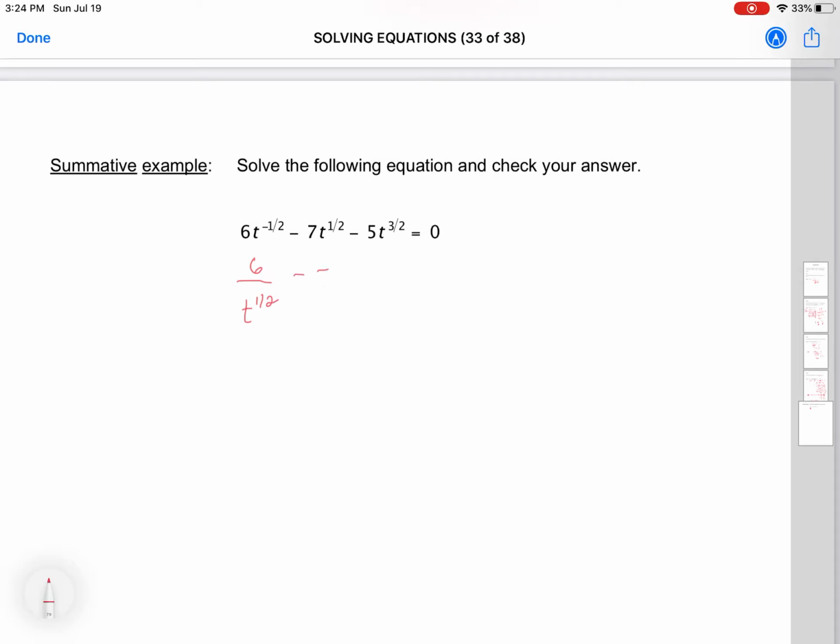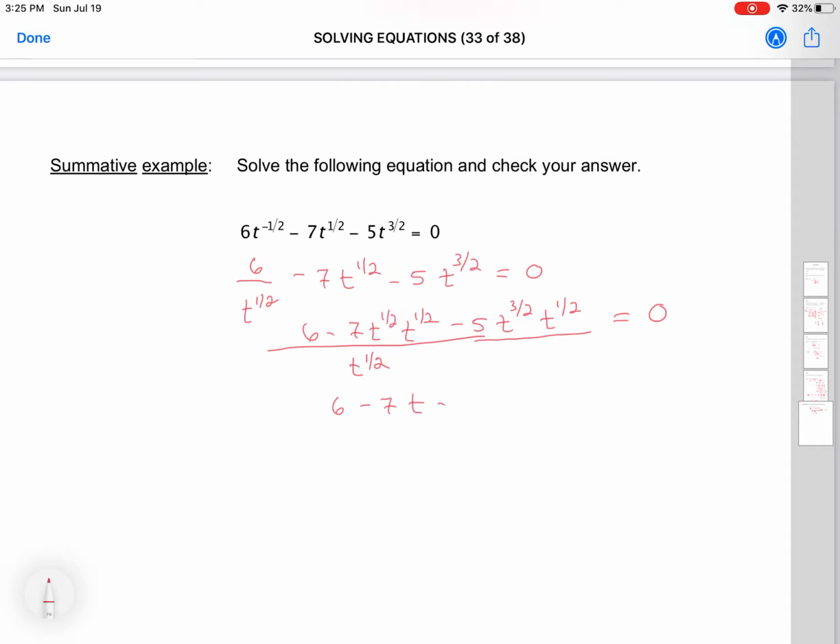So 6 over t to the positive 1/2 minus 7t to the 1/2 minus 5t to the 3/2, that is equal to 0. Common denominator, since we have fractions, so the common denominator is quite obviously t to the 1/2. So I'm going to get 6 minus 7 t to the 1/2 times t to the 1/2 minus 5t to the 3 halves times t to the 1 half. All that is equal to 0.